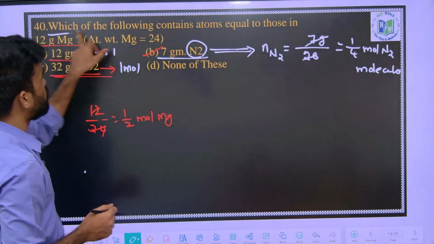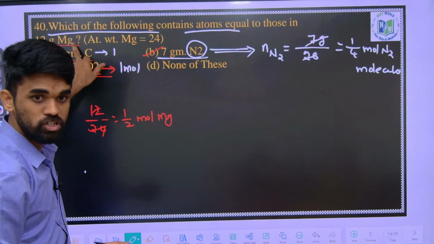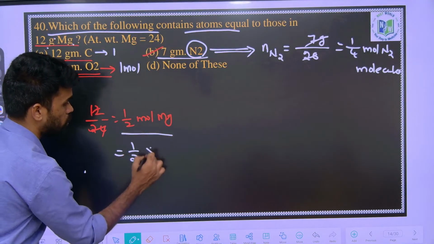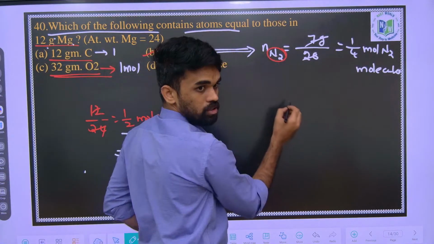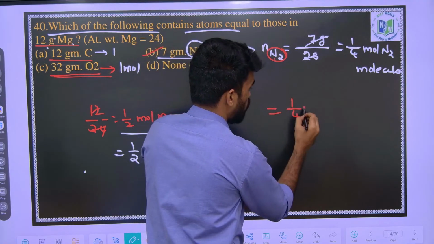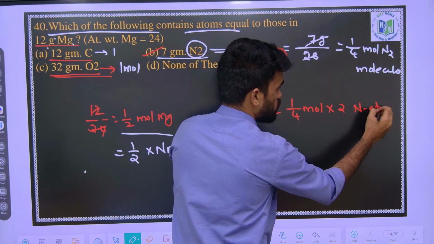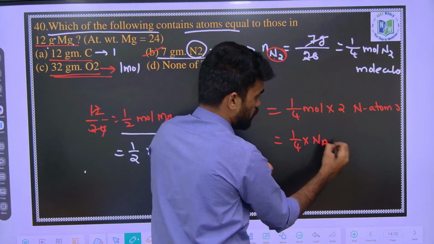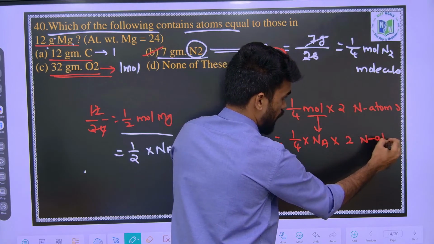See, they are asking which of the following contains an equal number of atoms as 12 grams of magnesium. So 12 grams of magnesium contains how many? 1 by 2 into Avogadro number. So this one is a molecule. In one molecule there are 2 atoms. That is 1 by 4 mole into 2 nitrogen atoms. 1 by 4 into Avogadro number into 2 nitrogen atoms.